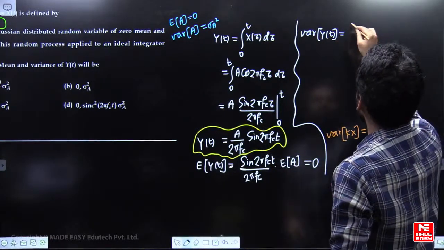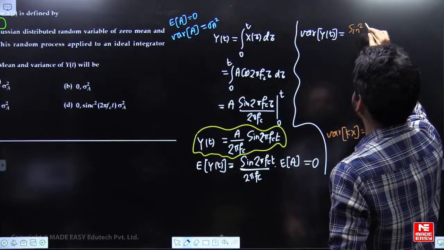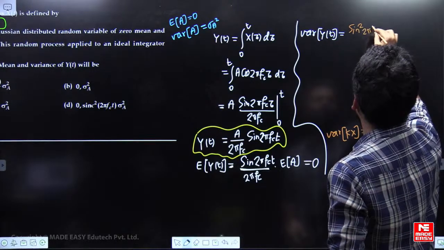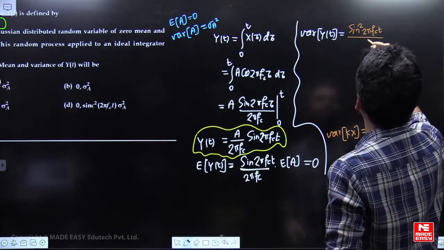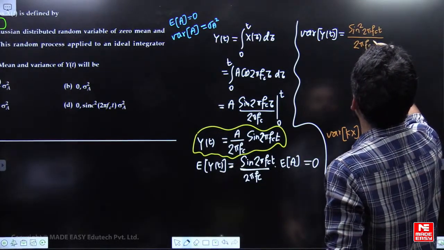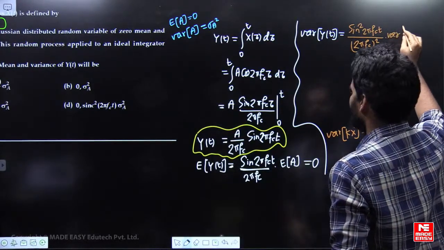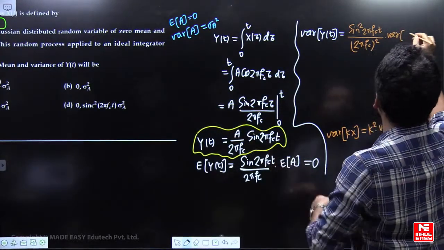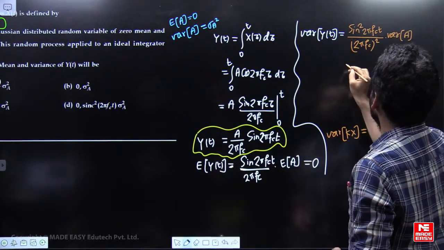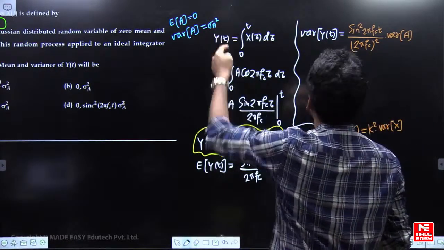K squared means what here? This is sin squared(2πf_c t) upon (2πf_c) squared, into the variance of A. What is the variance of A given in the question? Sigma A squared.